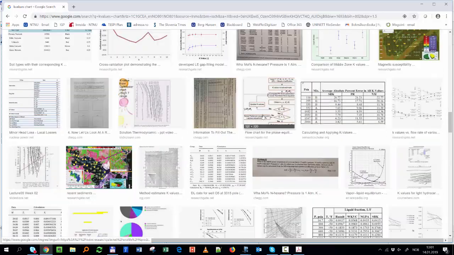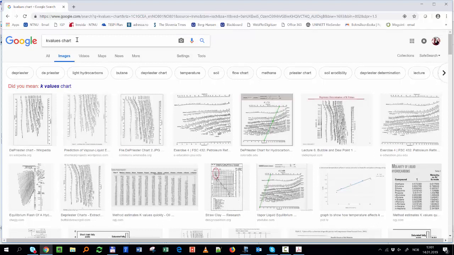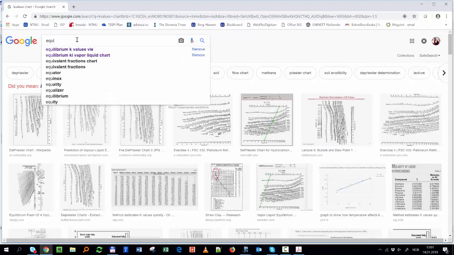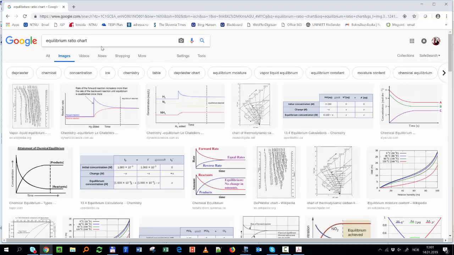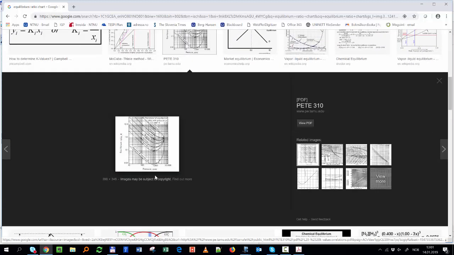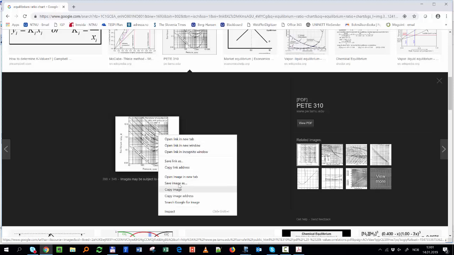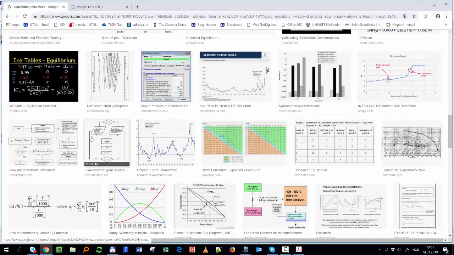Here you have one, equilibrium ratio. Like this one. It's not the best quality, but you see here you have, yeah. If I can find a better one.